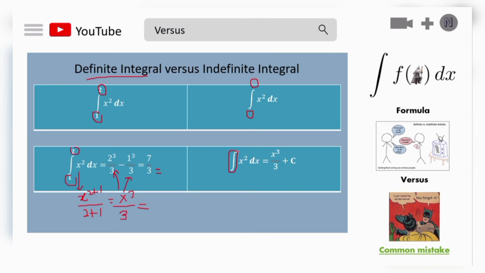So when we integrate x squared dx, we get x cubed over 3 plus c. Don't forget to put plus c, because in the introduction we know F(x) plus c, so don't forget about that.